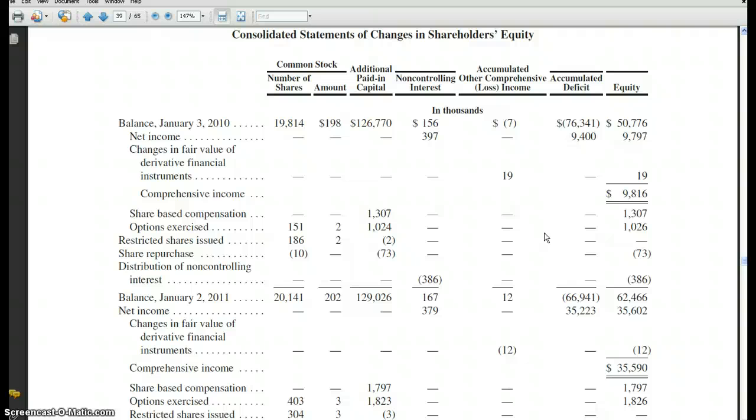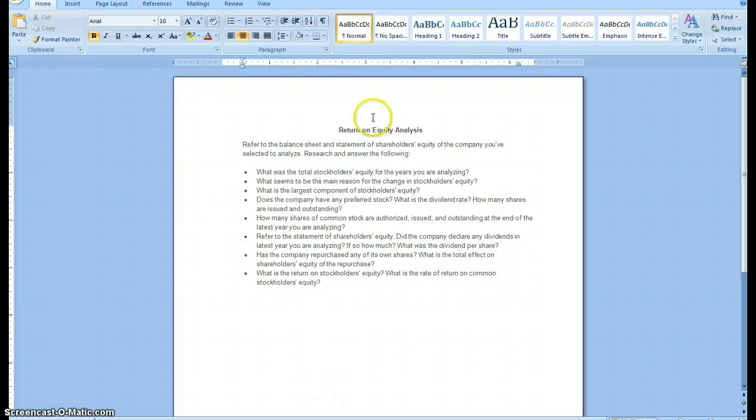And since they have an accumulated deficit, they can't pay a dividend until they get positive retained earnings. Okay, so let's go back to the analysis sheet. So we looked at what was stockholders' equity, and there you want to look, that's the total amount.